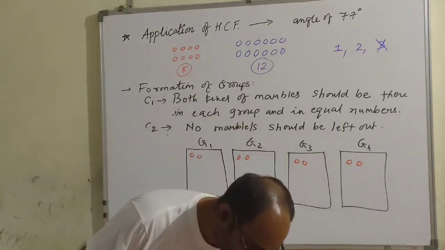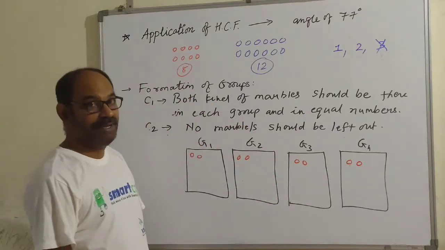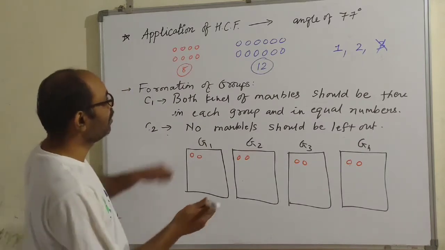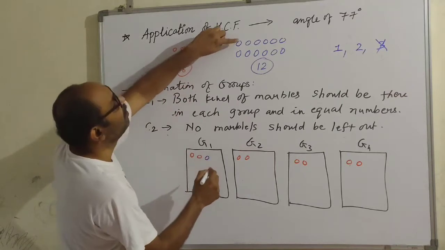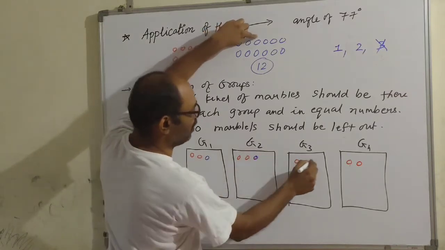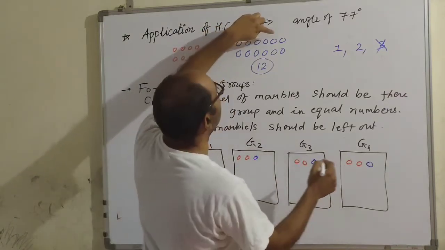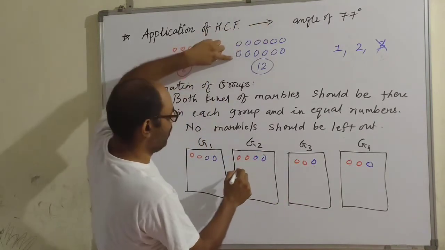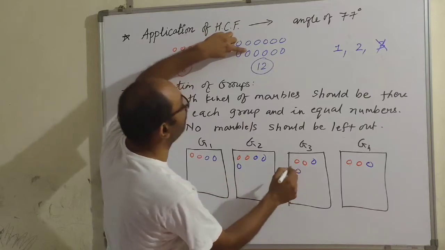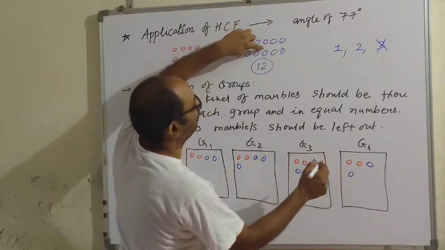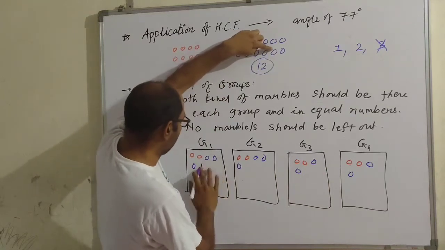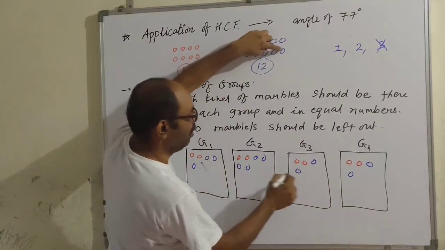Now it's time to distribute the blue marbles into 4 groups. First marble, second, third, fourth, fifth, sixth, seventh, eighth, ninth, 10th, 11th blue marble, and 12th.